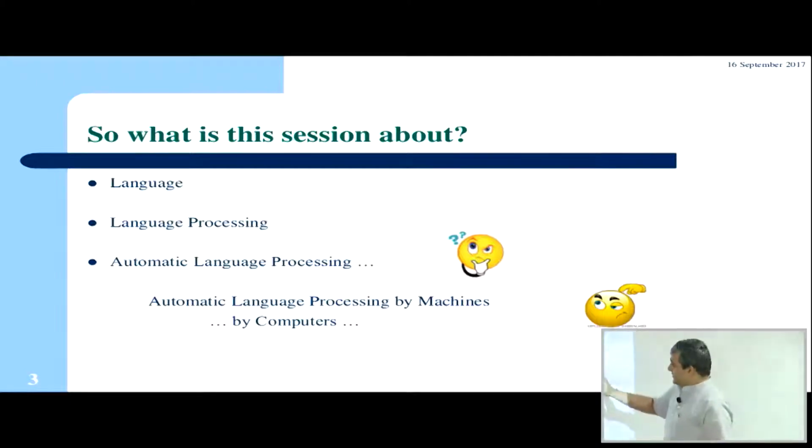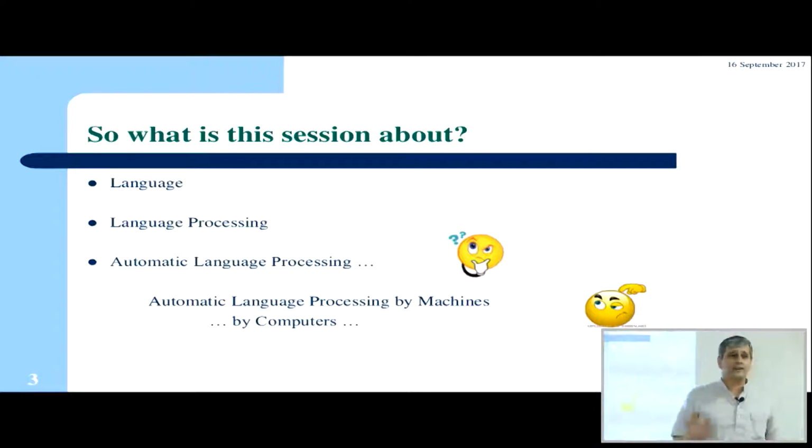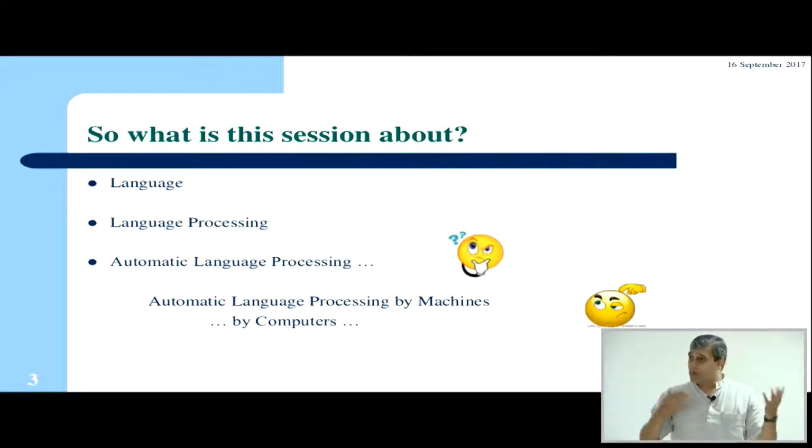This session is also about automatic language processing. Now, what is that? Some of you said language processing is understanding. When I am uttering all these words, sentences, all of you say you understand, right? So what are you doing? As he said, the brain processes language. What does that mean? The brain takes the input through your ears when I speak, and then does something. We do not know what that is right now.